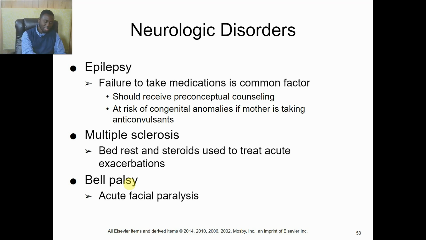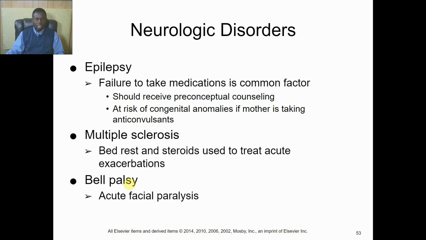And if they take the medications, these medications are teratogenic and may cause birth defects in the fetus. And so mothers will have to receive counseling to determine if they can successfully carry a pregnancy to term.